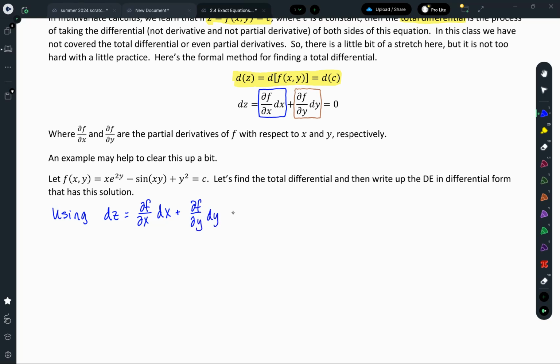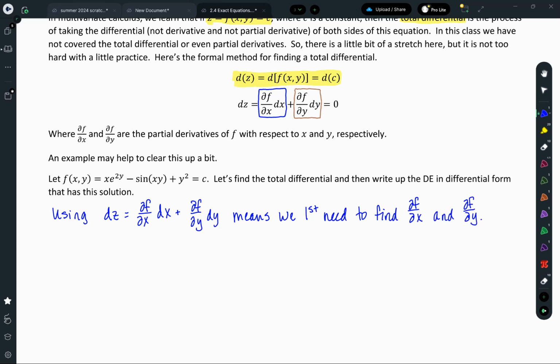And because we're using this, we first need to find the partial derivative of f with respect to x and the partial derivative of f with respect to y.